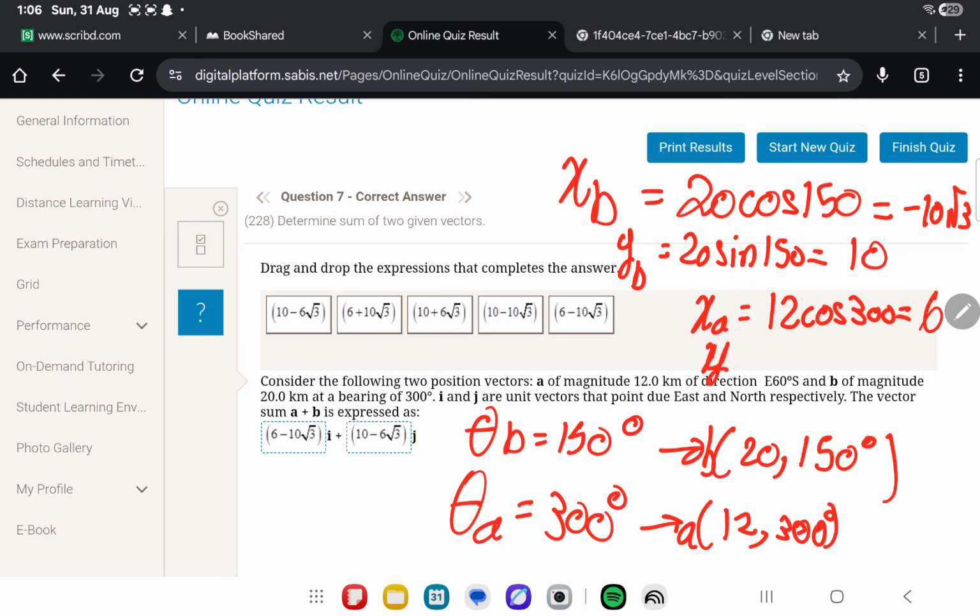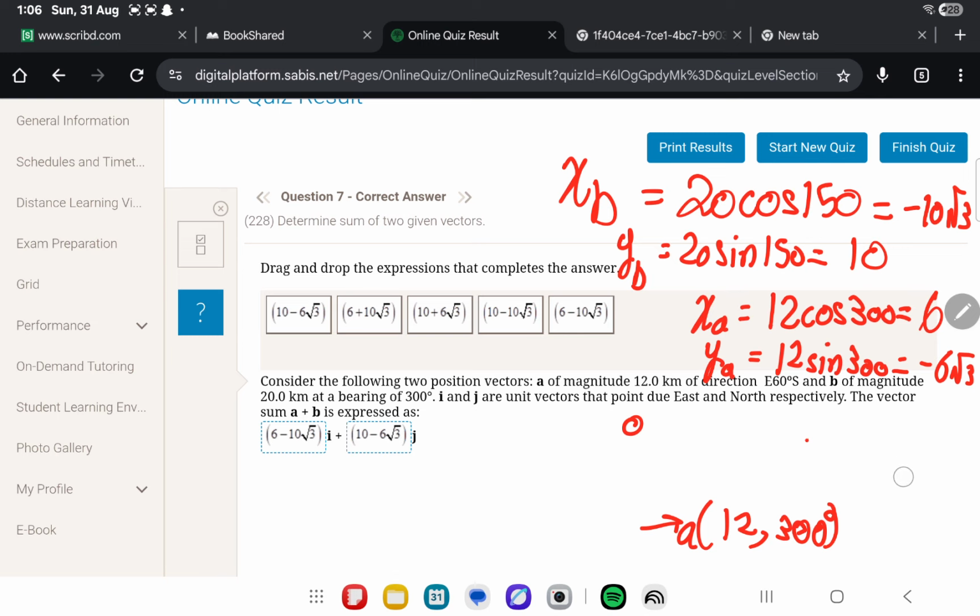Y of A, sorry, let me rewrite that. Y of A is going to equal 12 sine 300, which is negative 6 radical 3. Okay, now that we have this, we can now write it in the form of I and J. So let's write it in B first.